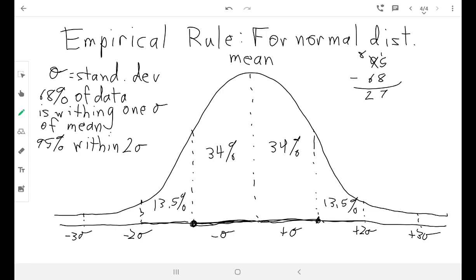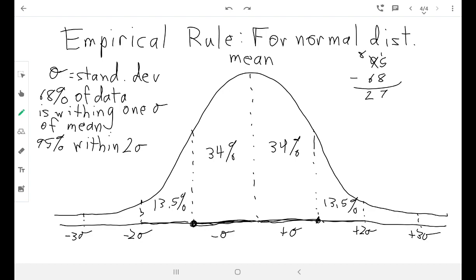So if you take all of these percentages and add them up, you'll see that you get 95% because when you add these 2 up, you get 27. When you add those 2 up, you get 68. And 68 plus 27 is 95.